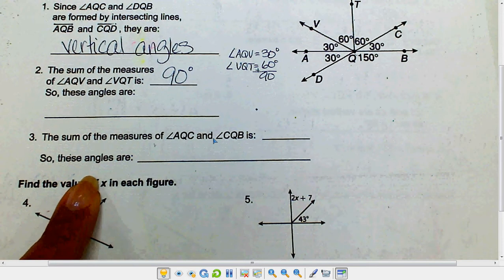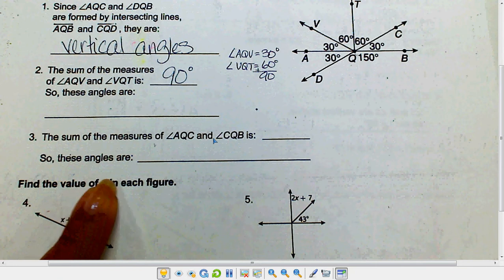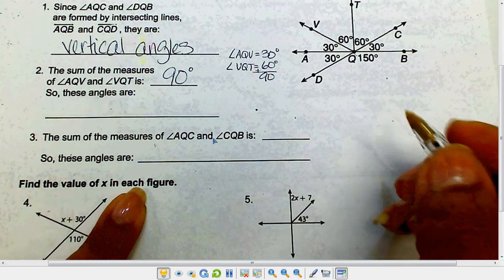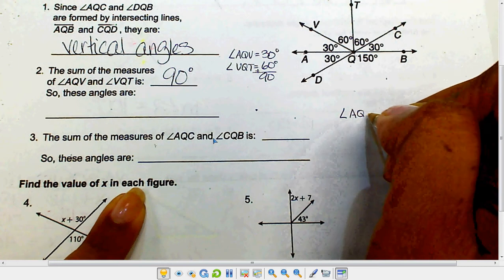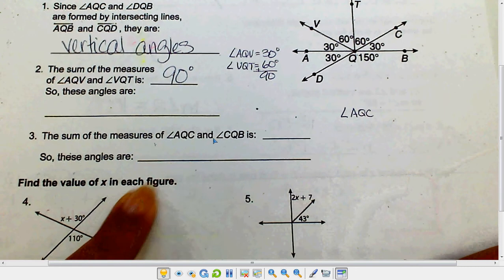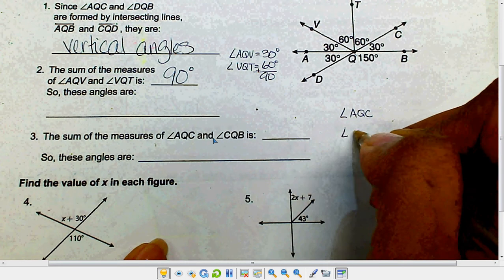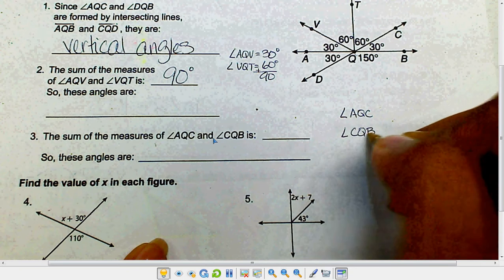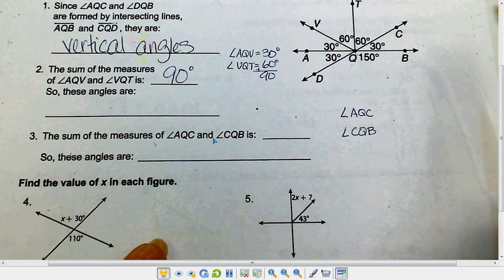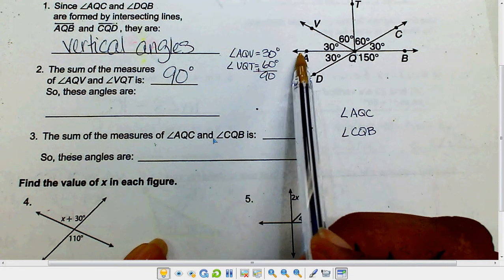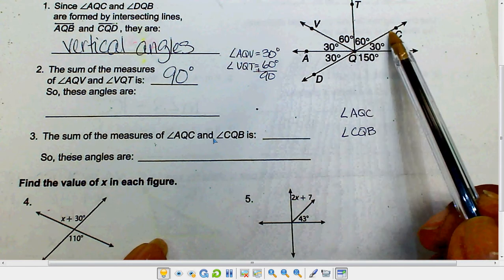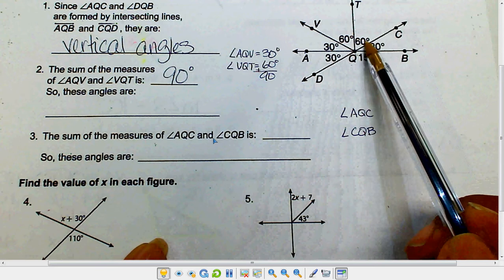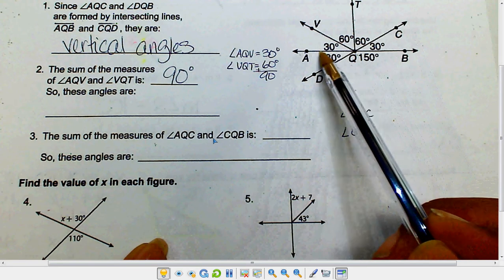Okay, number 3. We have the sum of the measures of angles AQC and CQB. So again, we're going to write down how much angle AQC is. Put your pencil on A, trace it to Q, and then trace to C. So I've got more numbers inside here this time, right?